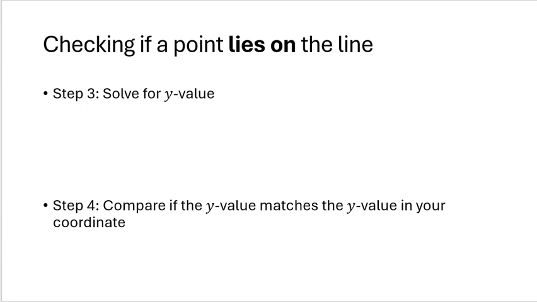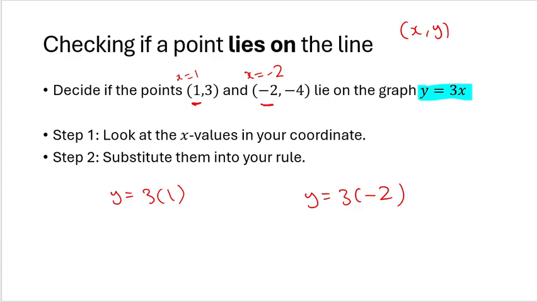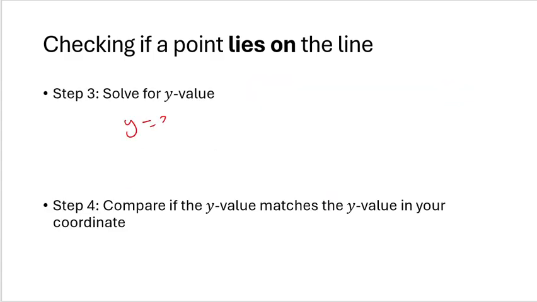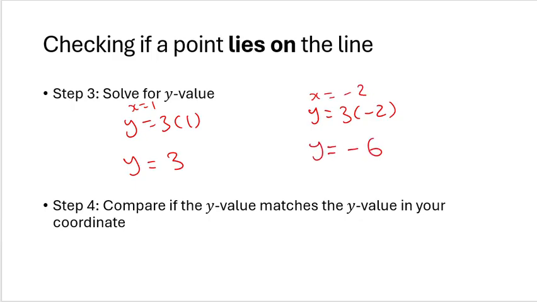Step 3 says solve for y. Okay, so let's just go. I'm just going to rewrite what I wrote down in step 2. So y equals 3 bracket 1, and then y equals 3 bracket -2. Let's just solve for y. I end up with y equals +3 for when x equals 1, and when x equals -2, y equals -6.